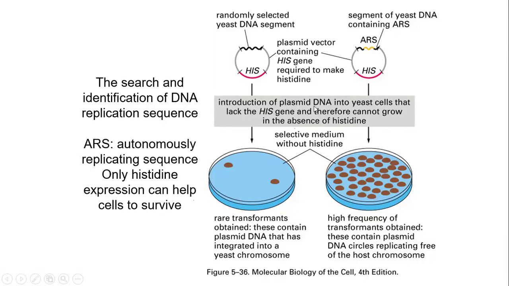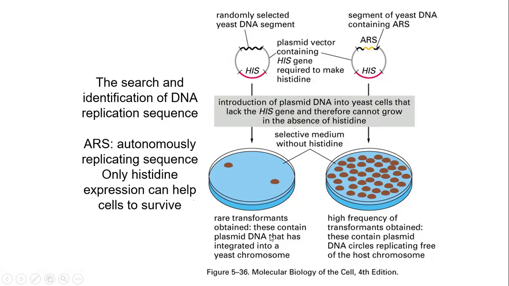The plasmid is introduced into yeast cells that lack the histidine gene and therefore cannot grow in the absence of histidine. Then we select on medium without histidine. You can see on one plate only two spots, whereas on this agar you can see multiple.